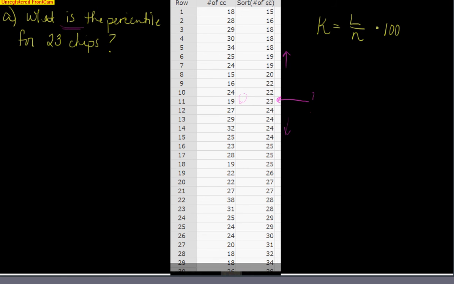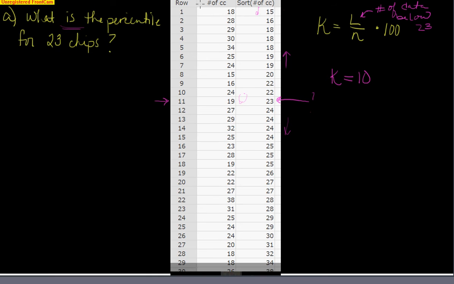The first thing we need to do is find L. K is the percentile we're trying to find. L is going to be the number of data points below 23. Here's 23. It is the 11th value. That means there are 10 values lower, because this is where I sorted it. This column is going from smallest to biggest.